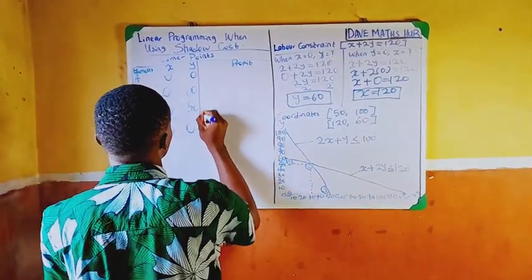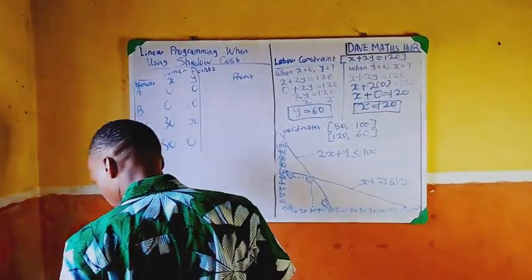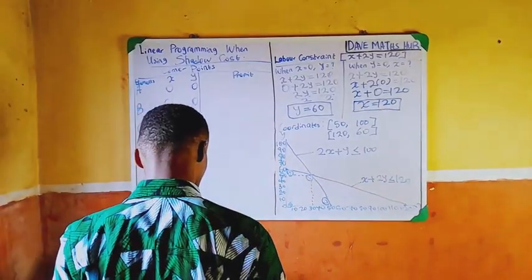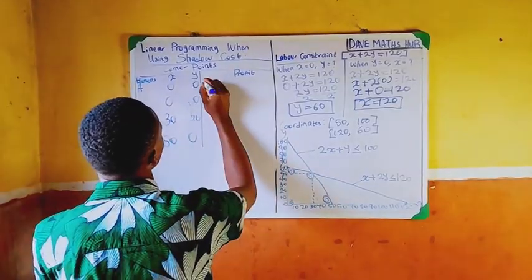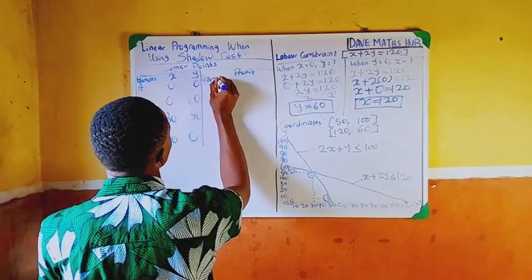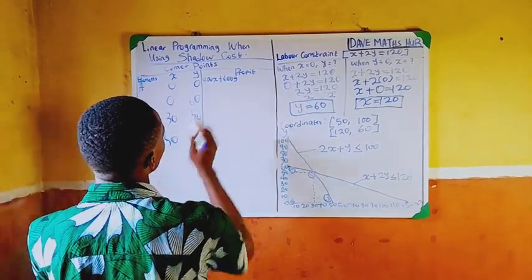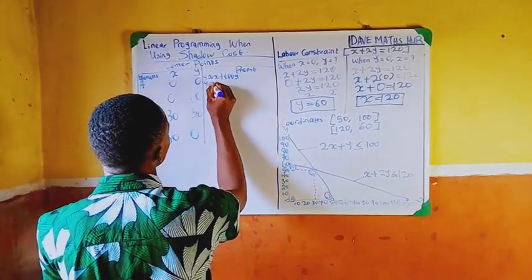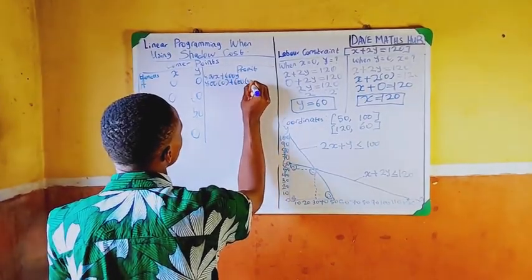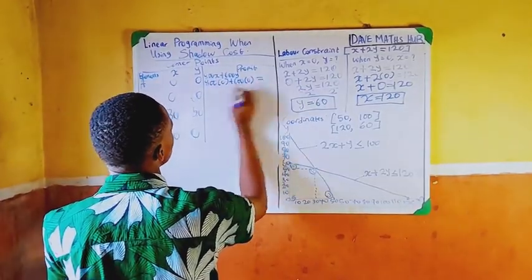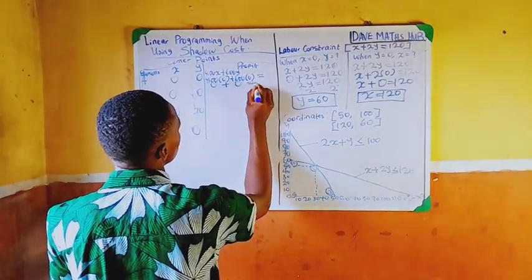So we have this. Remember, the profit says for X, 800 and for Y, 600, meaning we have 800X plus 600Y that we have to work on. So substituting, this will be 800 open bracket 0 plus 600 open bracket 0, giving us what? 800 times 0, 0 plus 600 times 0, 0 equals to what?